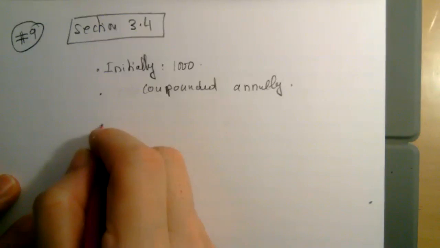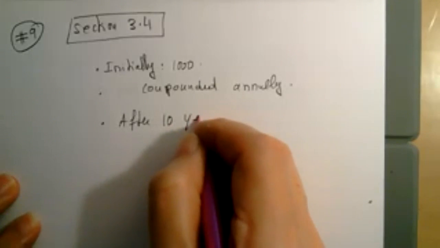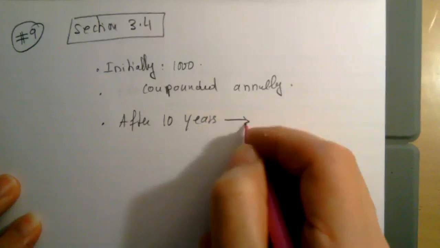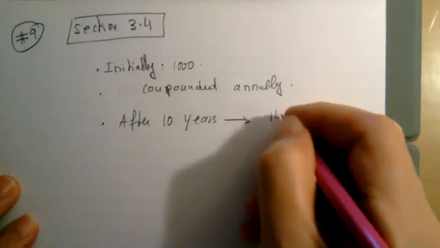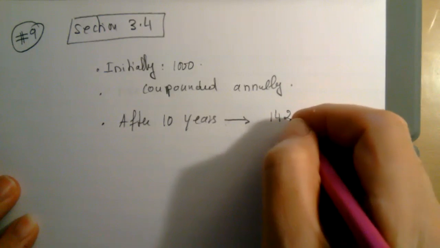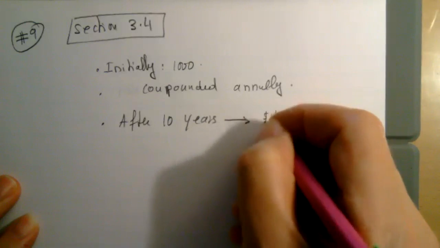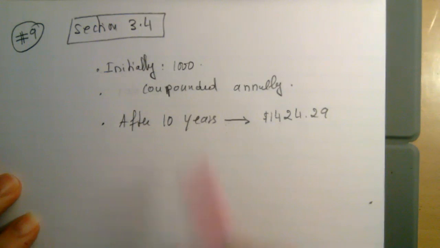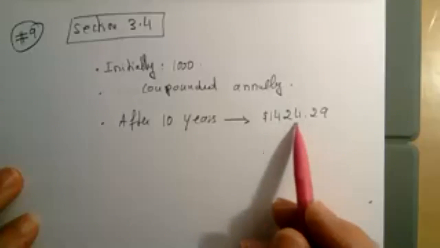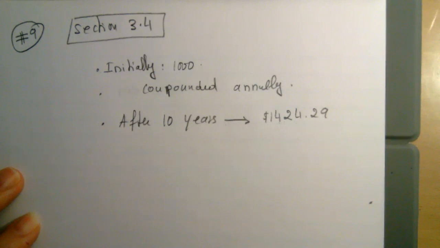Very good. Now, so that's initially, that's compounded. After 10 years, you have earned, of course, interest, and after 10 years, you have $1,424.29 in your account. So initially 1,000, after 10 years, 1,424.29.